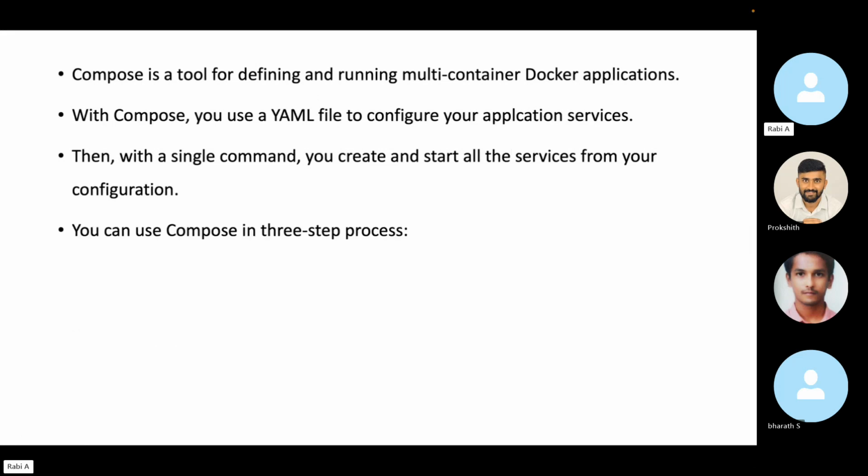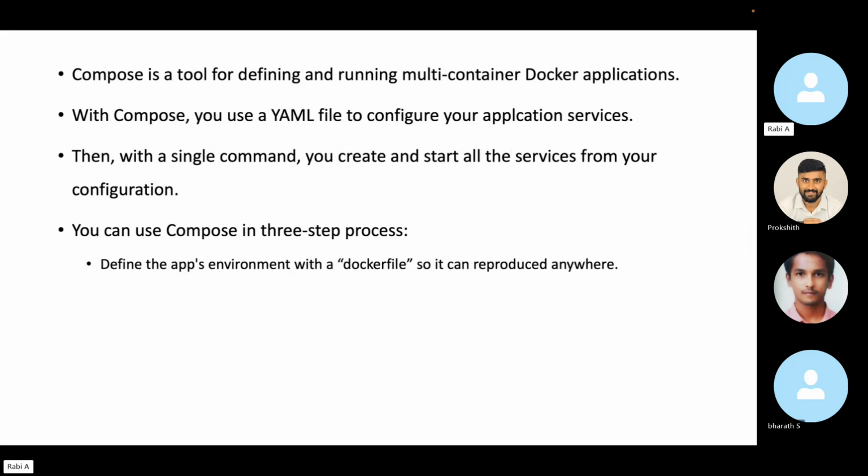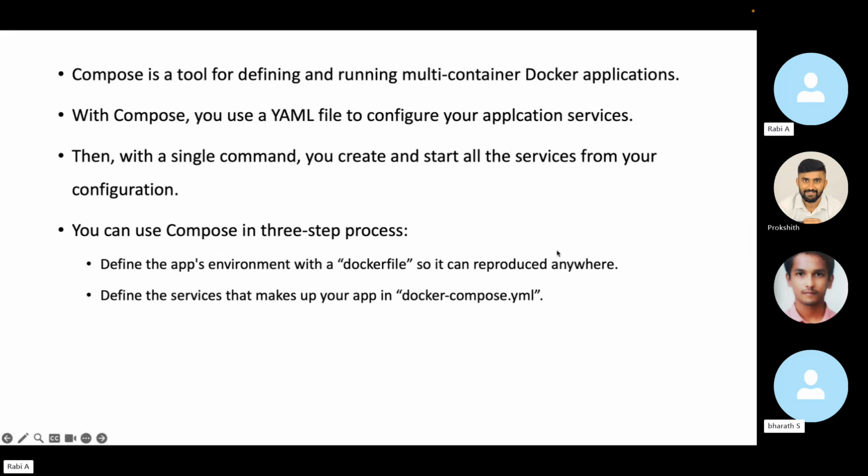You can use Compose in a 3-step process. First, you define the application's environment with a Dockerfile, so it can be reproduced anywhere. So essentially defining your custom image. Then define the services that make up your app in the docker-compose.yaml file. So basically the containers that you want to run.